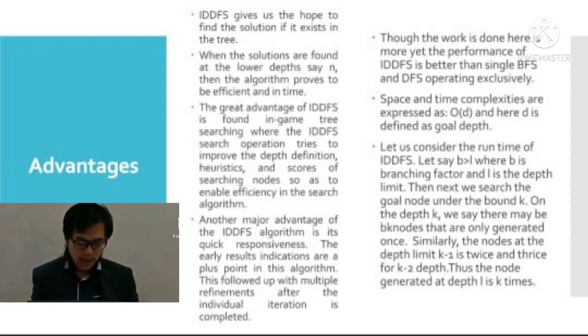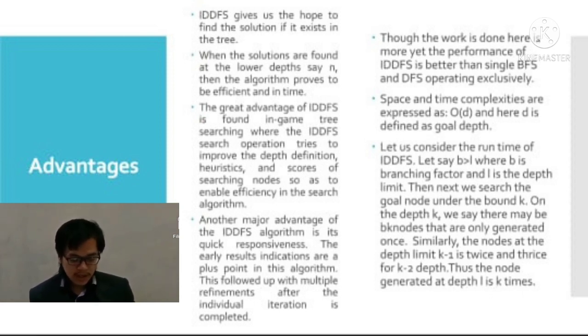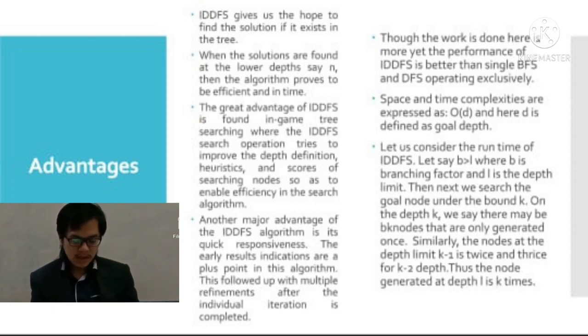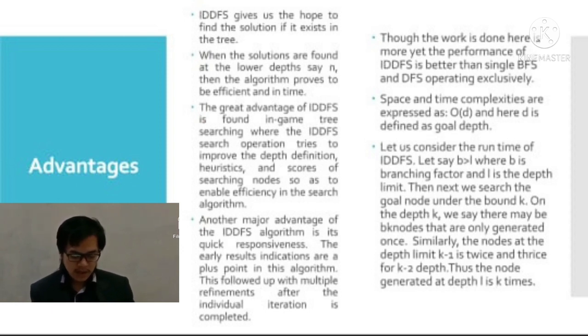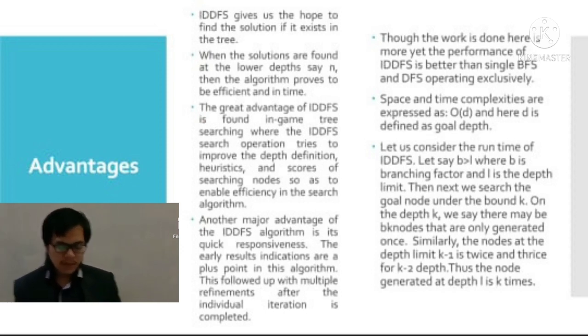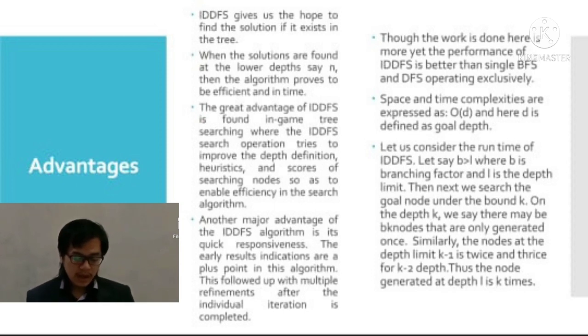On the depth k, there may be b to the k nodes that are only generated once. Similarly, the nodes at the depth limit k minus 1 are generated twice, then thrice for k minus 2, and the node at depth d is generated k times.